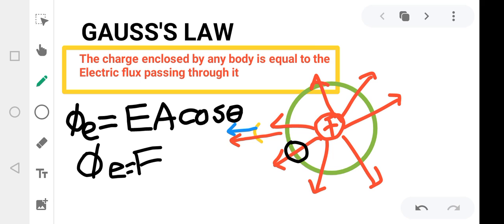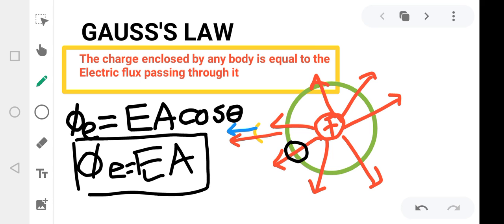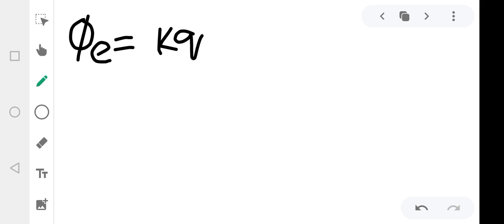If we talk about the sphere, our electric flux will be equal to E times A. Further elaborating, let me put the value of the electric field intensity here. As we know, the electric field intensity is equal to K Q over r squared, where r is the radius, Q is the charge, and K is the constant.